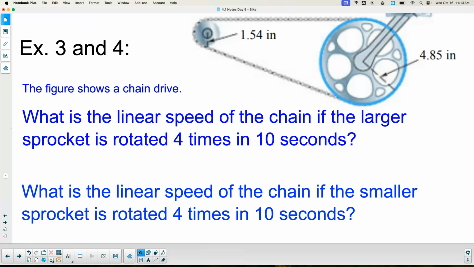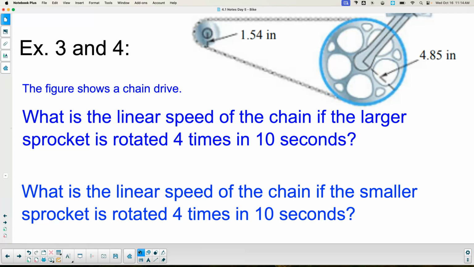So my question is, what is the linear speed of that chain if the larger sprocket, so that we're on this sprocket, is rotated 4 times in 10 seconds? Then I also want you to find the linear speed of the chain if the smaller sprocket is rotated 4 times in 10 seconds.